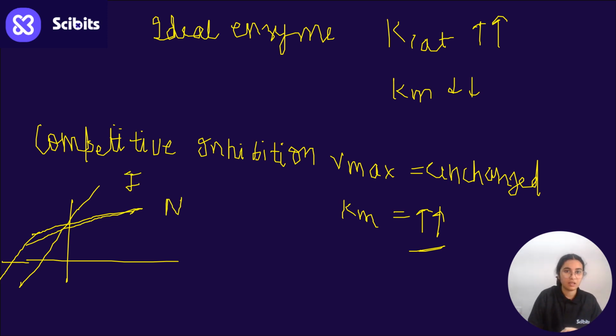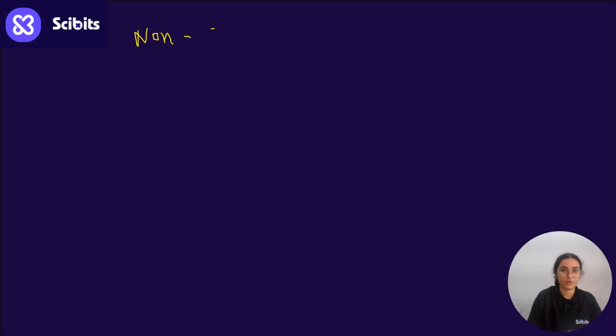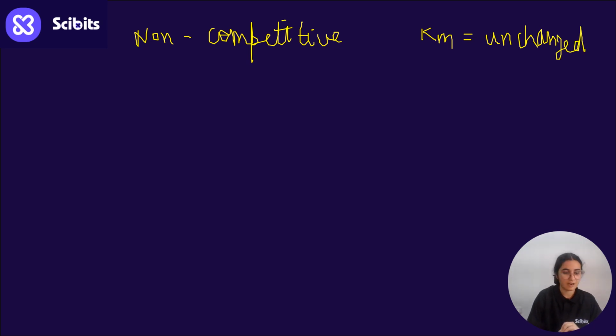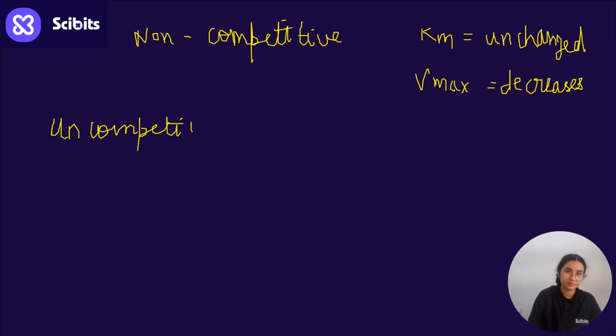This is in presence of inhibitor. For non-competitive inhibitor, Km remains unchanged, means the affinity of the enzyme doesn't change, but the Vmax decreases. For uncompetitive, Km decreases, Vmax also decreases.